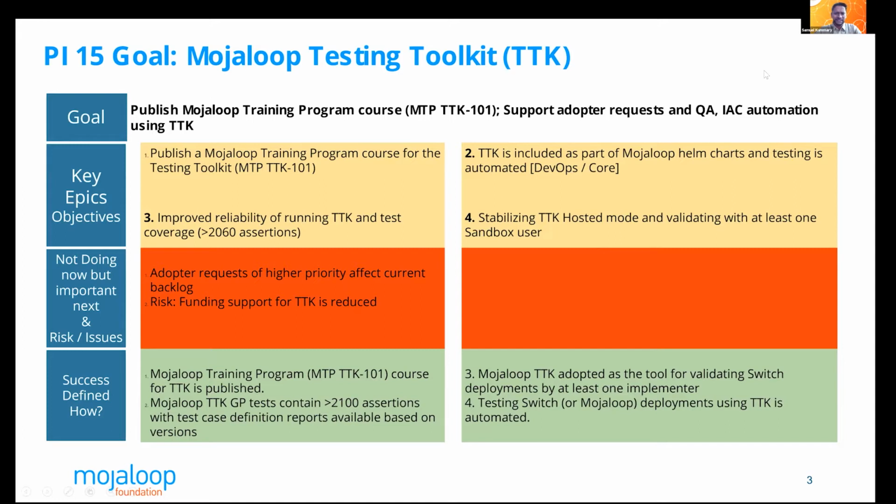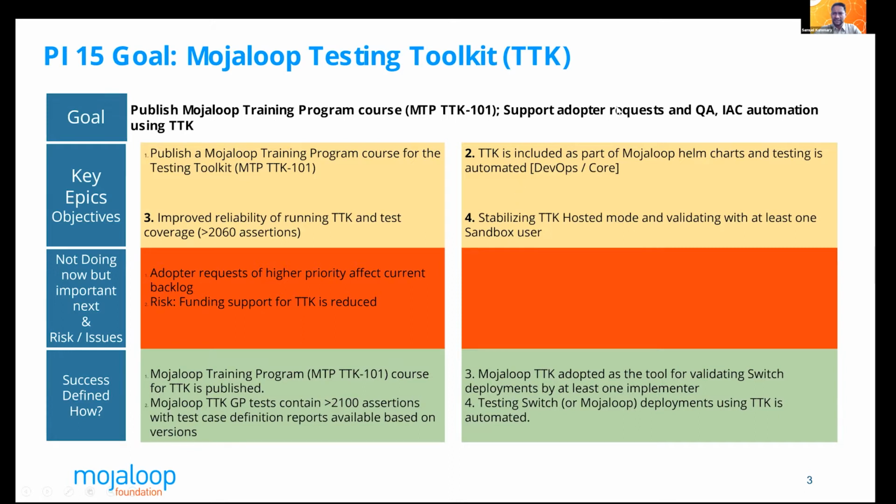We'll walk through each of these in detail, but for the testing toolkit stream, I'm glad to share that we've accomplished all of this. So the publishing part on the Mojo Loop training program is not yet done, but it is in review with the MTP team, and we've addressed any feedback that they may have. So we'll continue prioritizing that, but it is done mostly from the team's side.